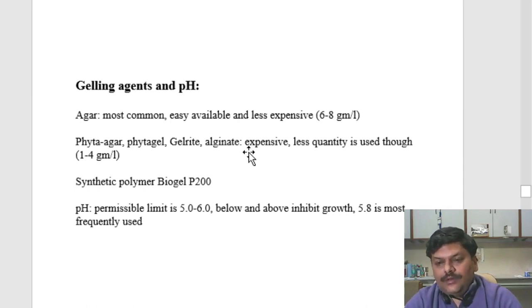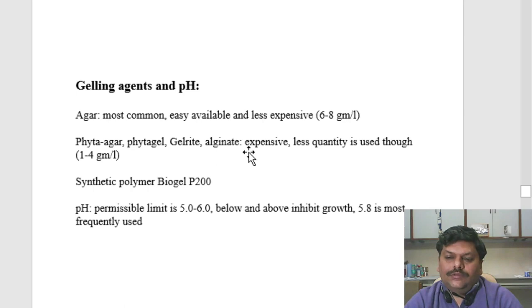And there are purer forms of agar which are sometimes used in plant tissue culture. They are called phyta agar or phyta gel or gel rite. And then these days a synthetic gelling agent is also used, which is called biogel P200. All these chemicals are used for solidifying our nutrient media.